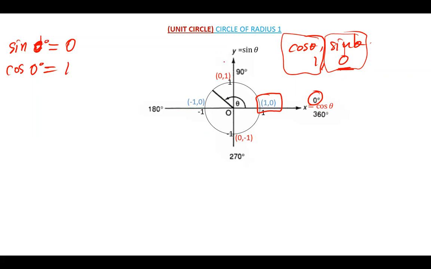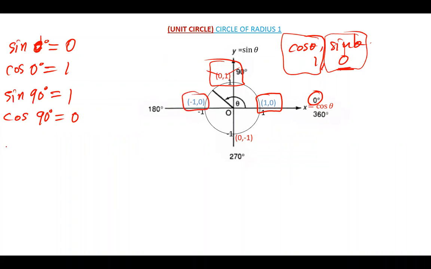Same applies to this part. If they ask you to find sine 90 degrees, you read these coordinates. Remember I said you read them as cos, sine. So 0 for cos, and 1 for sine. So if they say sine 90, the answer will be 1. And cos 90 degrees, the answer will be 0. Same applies to this part.